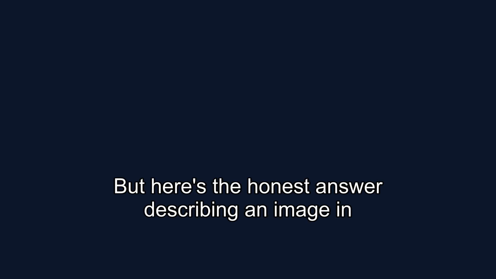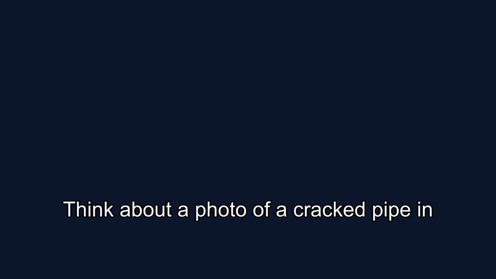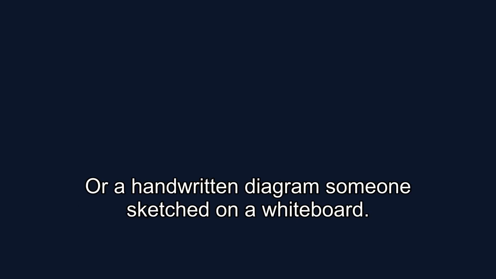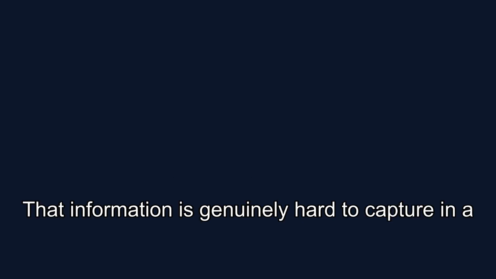You can. And sometimes that works fine. But here's the honest answer. Describing an image in words always loses something. Think about a photo of a cracked pipe in a data center, or a facial expression in a video call, or a handwritten diagram someone sketched on a whiteboard. That information is genuinely hard to capture in a text description.